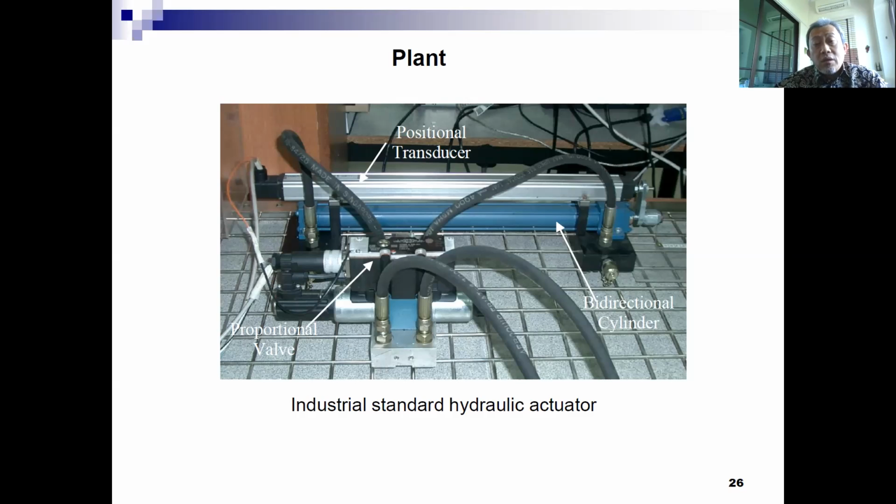Then the LVDT will detect and convert this displacement to the equivalent voltage. And then we have a bidirectional cylinder, with a piston moving forward and backward. And of course we have a proportional valve. The valve will control the flow of the liquid in this piping, the black piping, inlet and outlet.